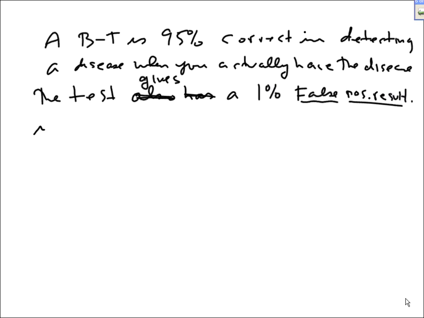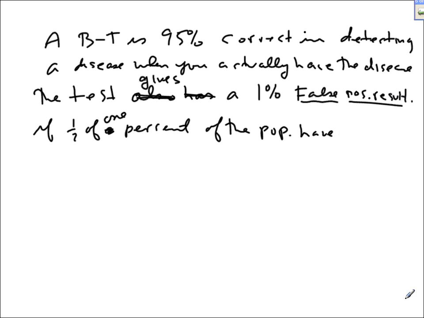Okay, now suppose 1/2 of 1% of the population have this disease. So studies show that 0.5%, 1 in 200 people have this disease.